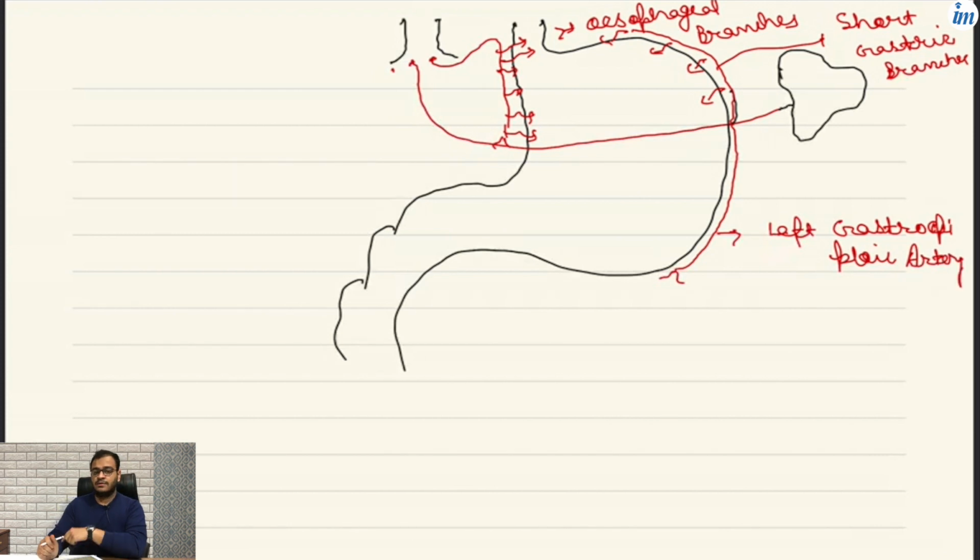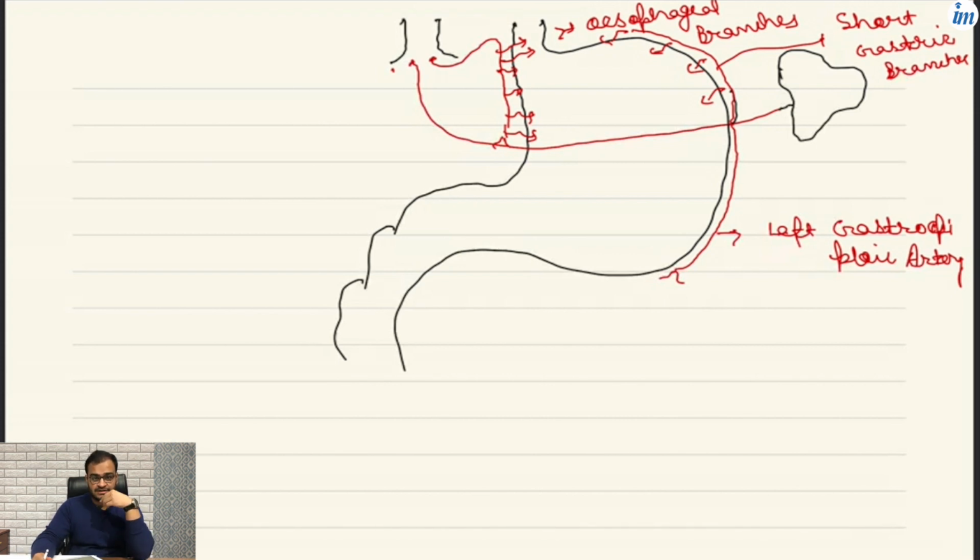Let us revise till now. The blood supply of the stomach originates from the abdominal aorta. The abdominal aorta has the celiac trunk, which has a significant role in supplying the stomach. There are 3 branches from the celiac trunk. First is the left gastric artery, which supplies the upper part of the lesser curvature.